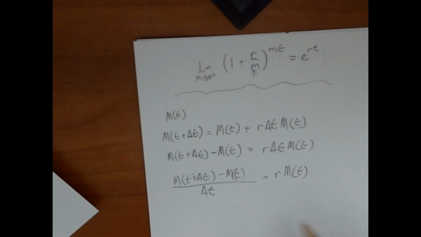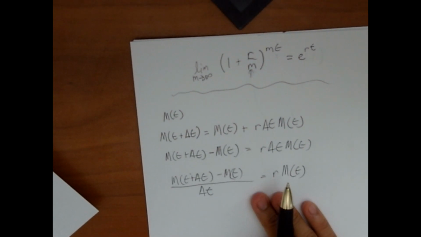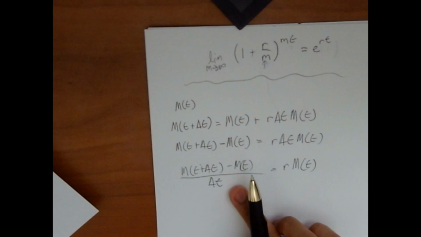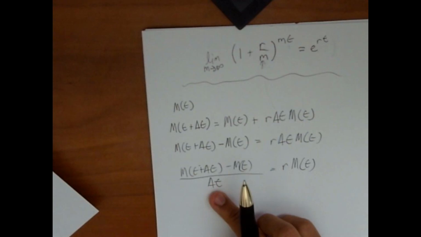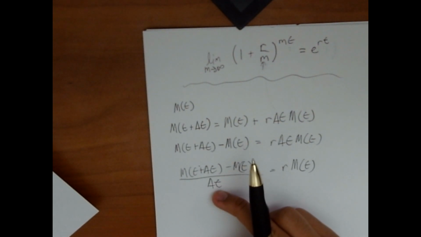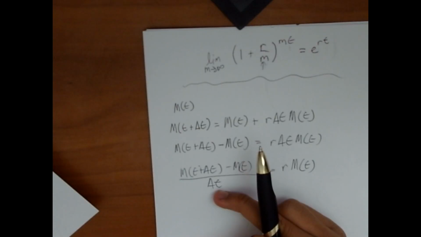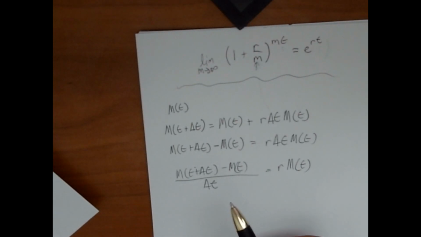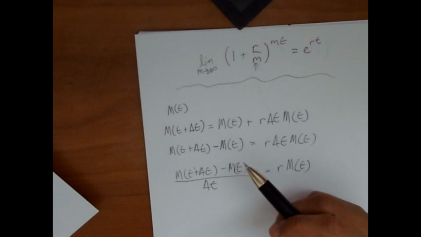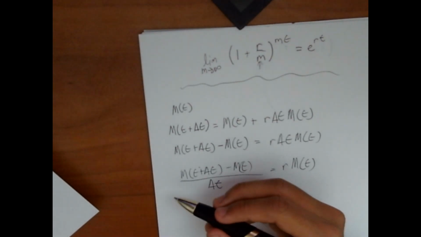Now, what does that look like? That looks like the definition of a derivative. And perfectly enough, if we keep decreasing the time interval between each interest payment infinitely close, that would be the derivative.